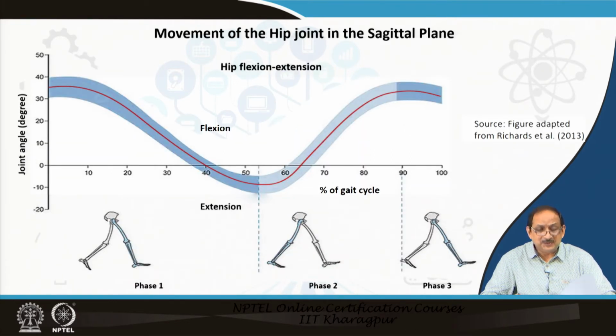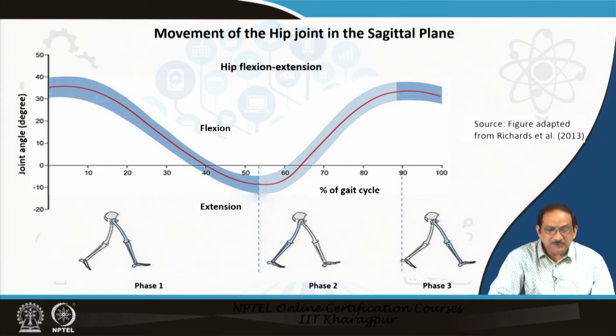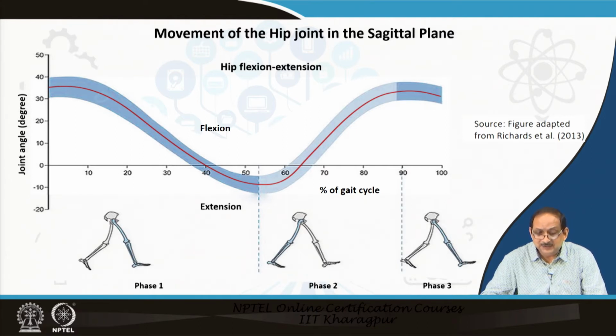Now, let us discuss the movement of the hip joint, which is presented in the sagittal plane. The motion of the hip joint angle in the sagittal plane is explained here in the figure.